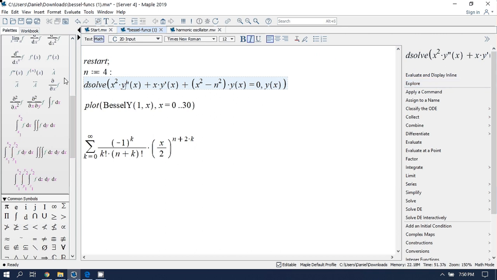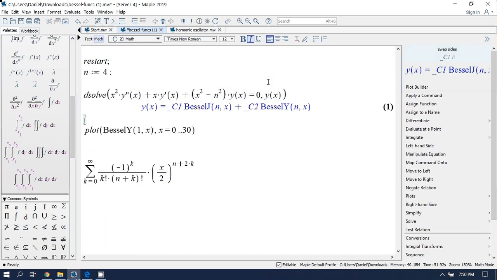So I'm not going to click yet on a specific value for n. Notice the solution is given as a linear combination of two special functions. Remember in Maple, if the function name is in non-italic format, that typically means it's a predefined function in Maple. So BesselJ(n, x) means basically the Bessel function of order n. And the other one is called BesselY(n, x).